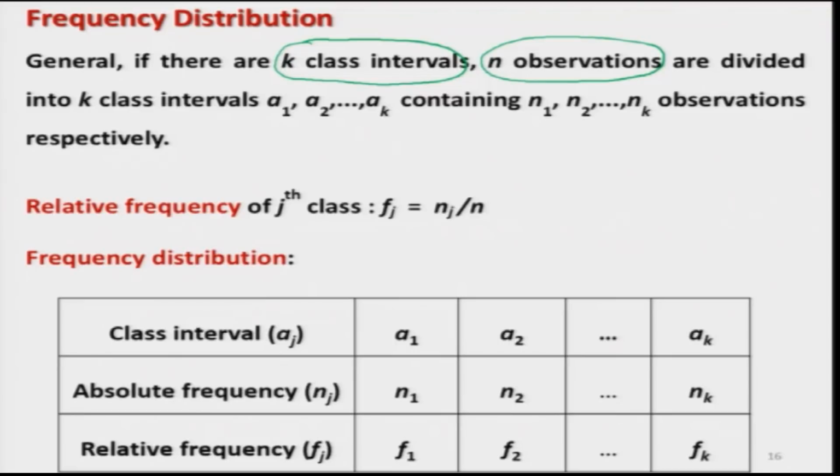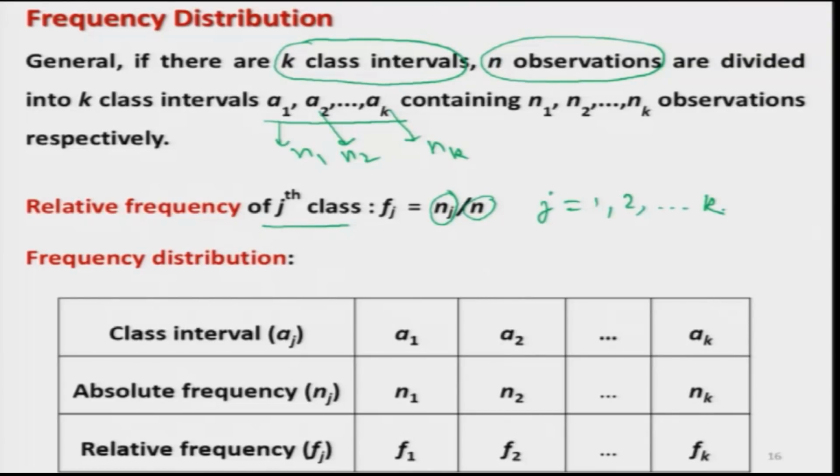These n observations are divided into k class intervals, denoted by A1, A2, up to Ak, in such a way that class A1 contains n1 observations, A2 contains n2 observations, and Ak contains nk observations respectively. Obviously, the relative frequency of the jth class will be the number of observations in the jth class divided by the total number of observations, and j goes from 1 up to k.